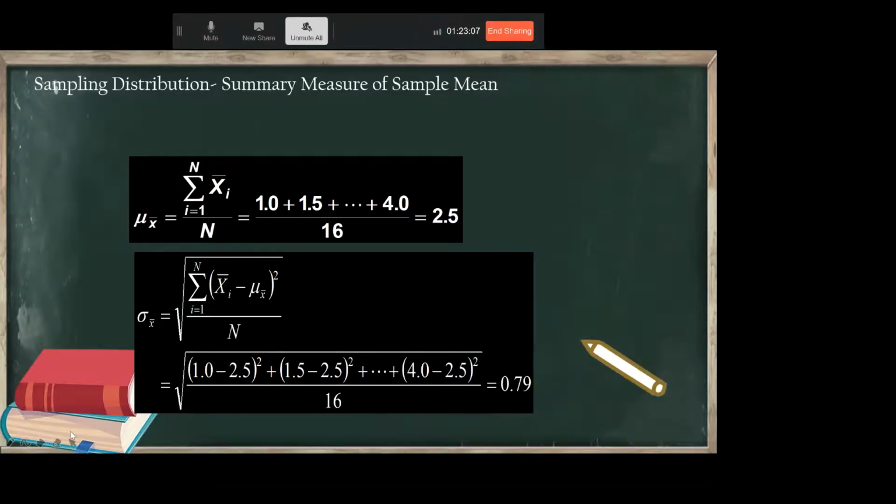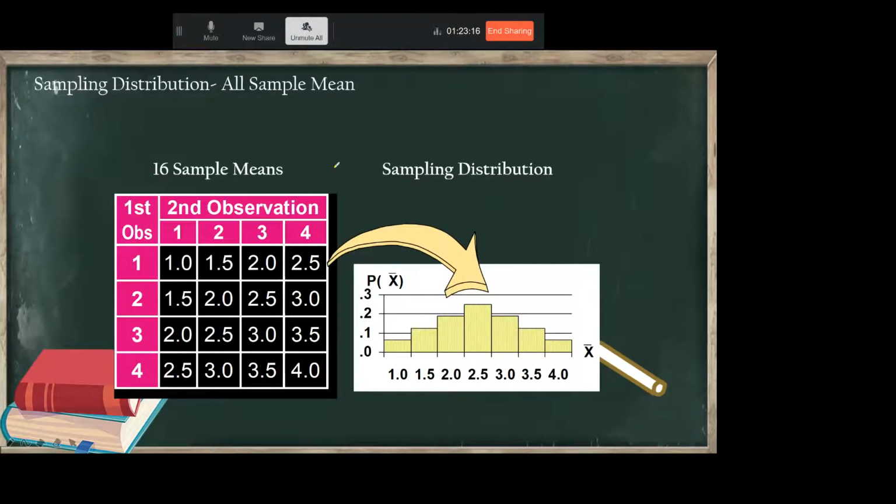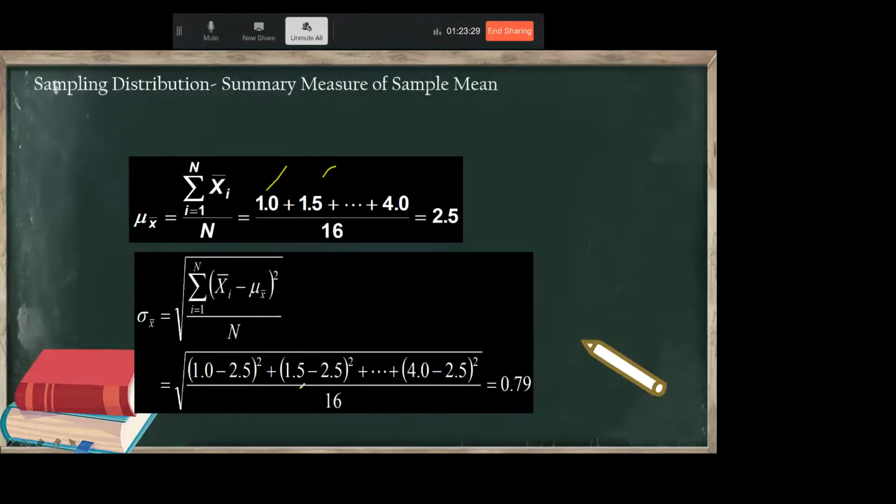From that frequency table, you can just add up the values of x bar: 1, 1.5, 2, 2.5, 3, 3.5, and 4. These are the values, right? You add these up, and how many values? 1, 2, 3, 4, 5, 6, 7. You don't need to extract the probability distribution.